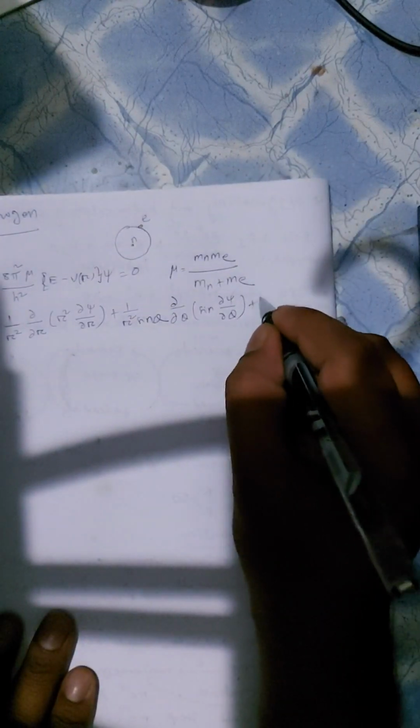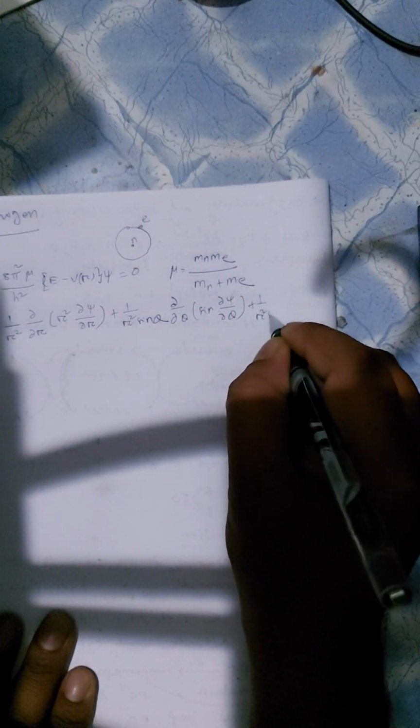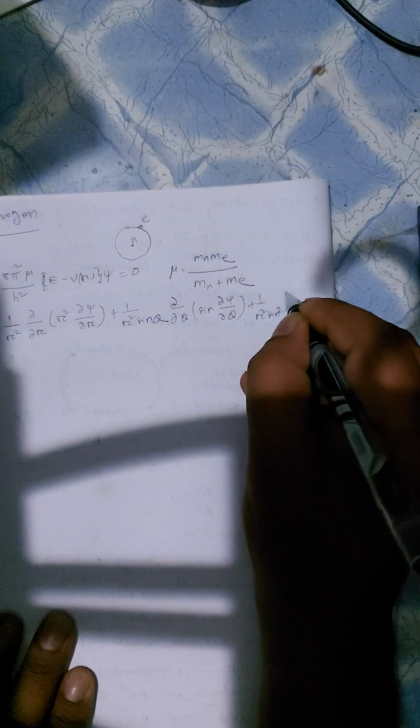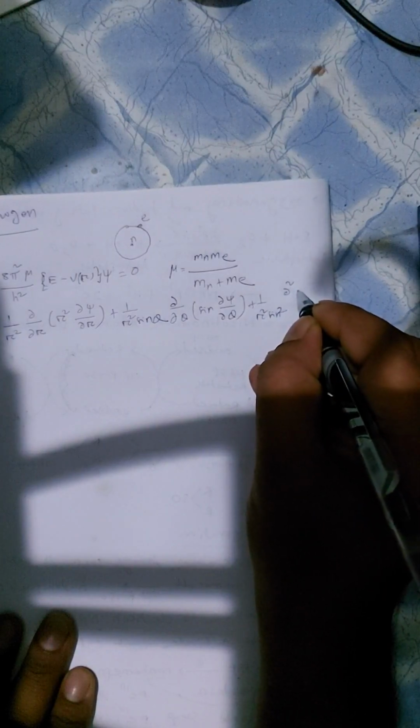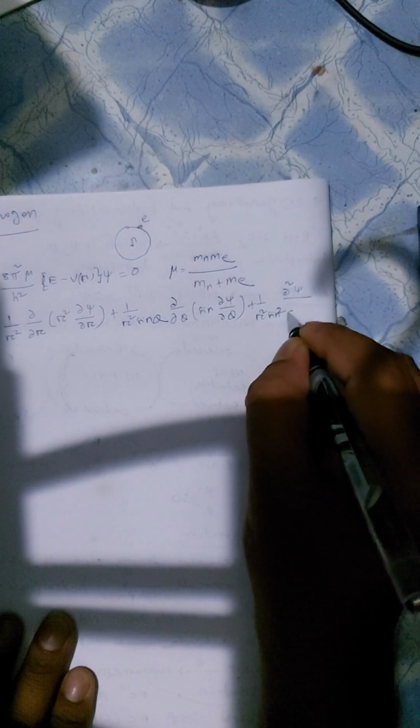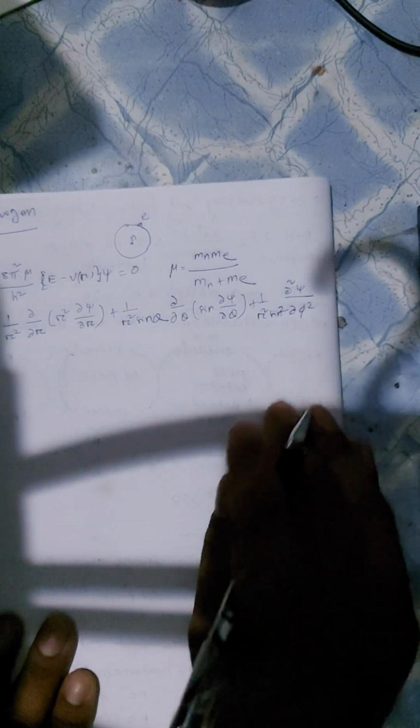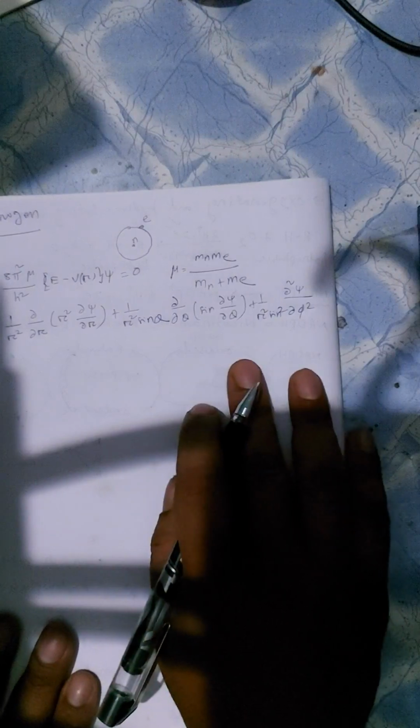Then another is 1 by r square sin square theta, dou square psi by dou phi square. This is the del square psi.